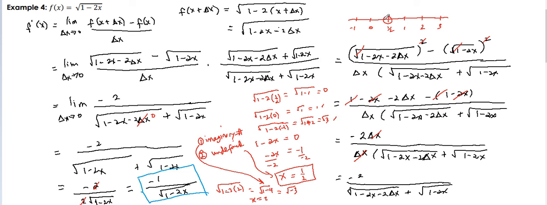So, ibig sabihin, lahat ng values mula sa excluding yung 1/2, papunta sa negative infinity, kasama yan siya. So, pwedeng maging value yan. Pero, mula sa excluding yung 1/2, papunta sa positive infinity, hindi pwede. Dahil, ang mangyayari dyan, magkakaroon tayo ng negative value or magkakaroon tayo ng imaginary number.